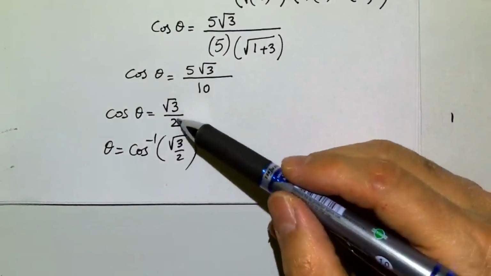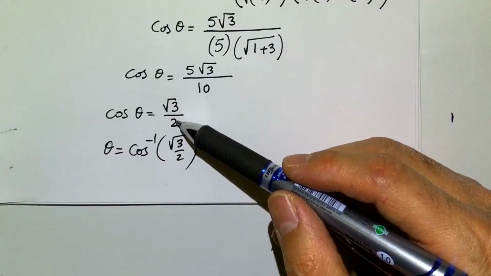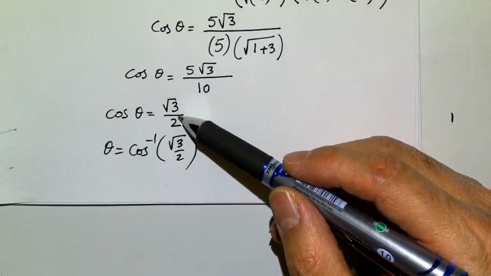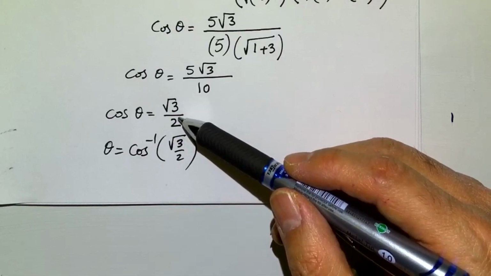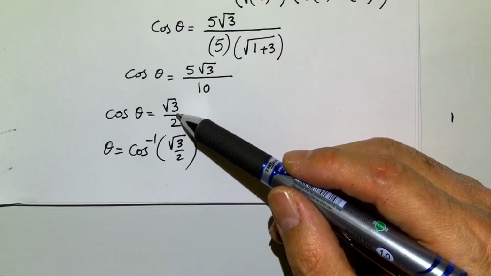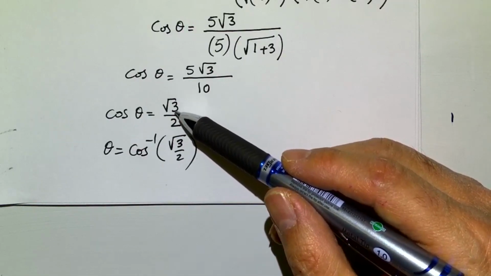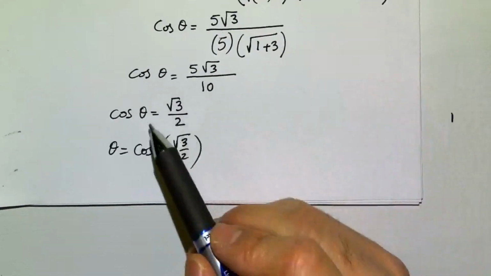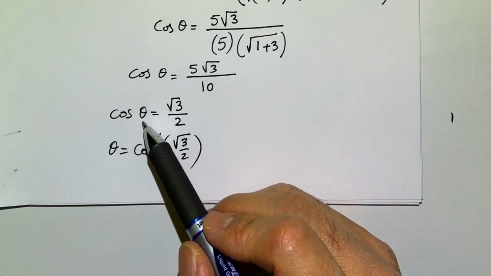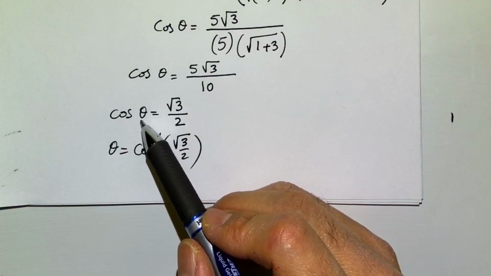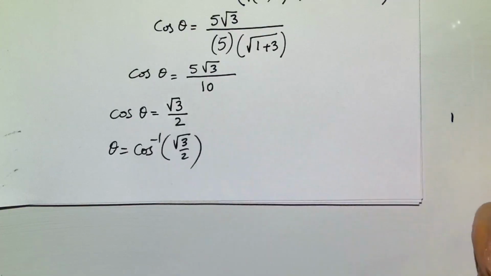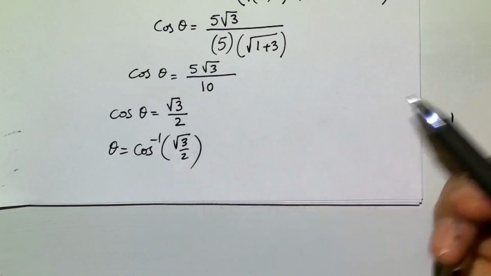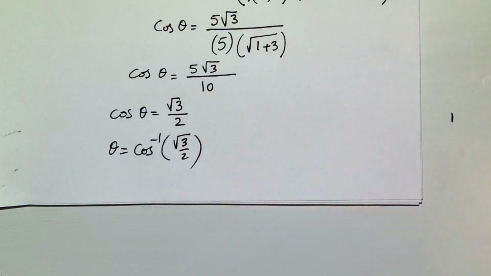But in this case, we know that this is on the special table of trigonometric values, and the cosine of 30 degrees, or pi over 6, is square root of 3 over 2. So we already know theta should be 30 degrees.